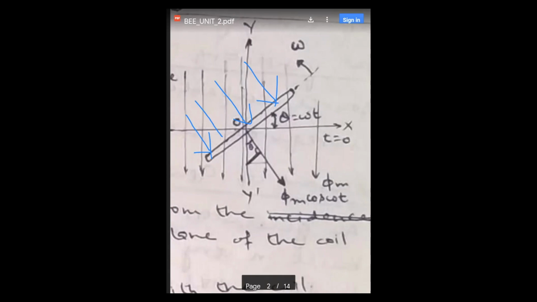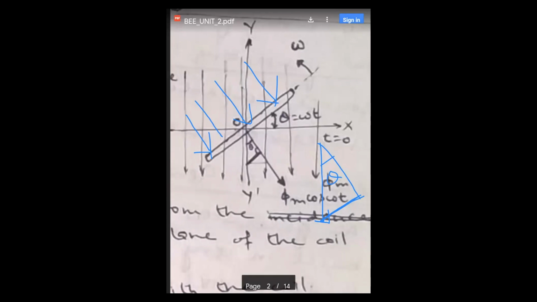The perpendicular direction earlier was this; now the perpendicular direction has also moved by the angle theta. If we now draw the right-angled triangle in this way, then what is cos theta?